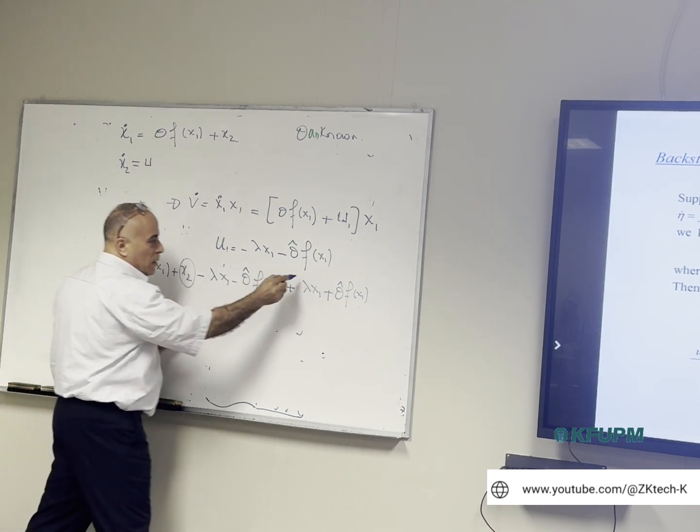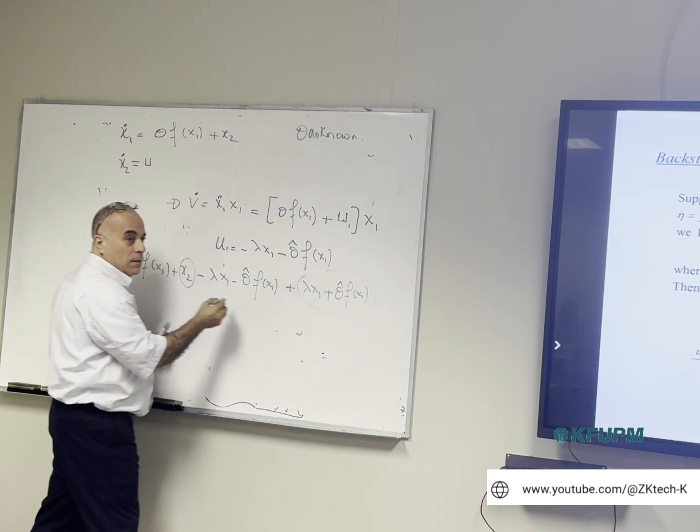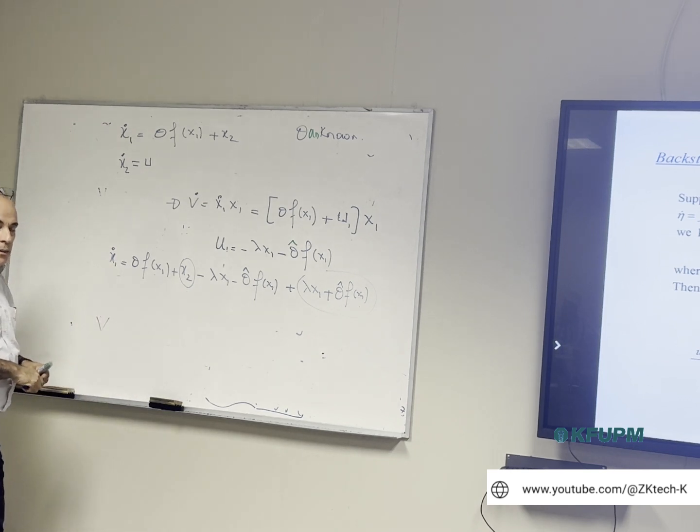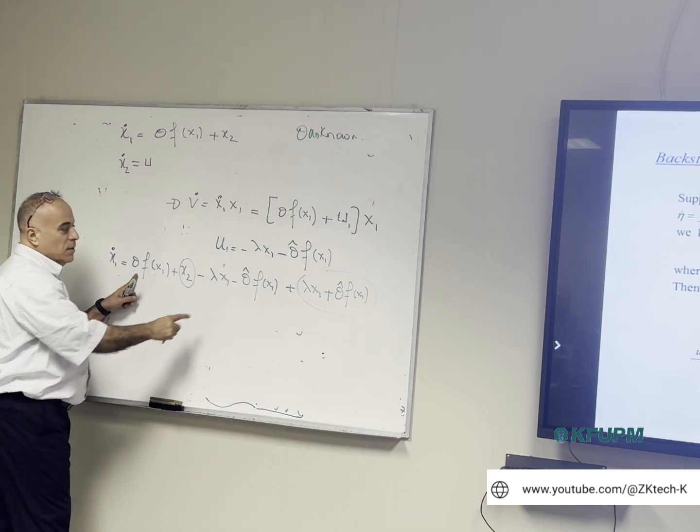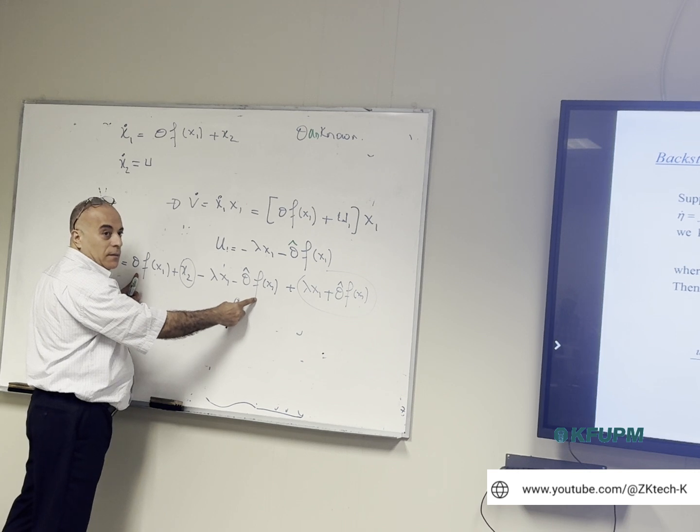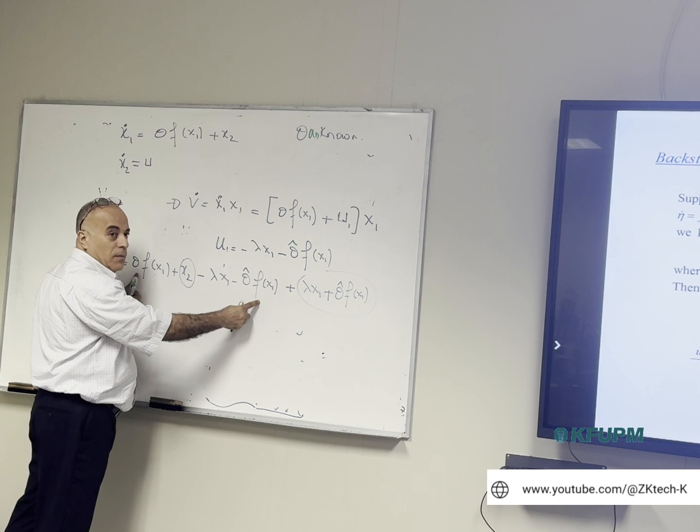This x2 and this term will go together. So this is x2 minus phi of x1. And these terms will not cancel each other, because theta is unknown, and this is the estimate. There is an error between the two.